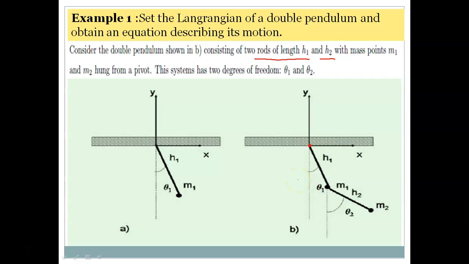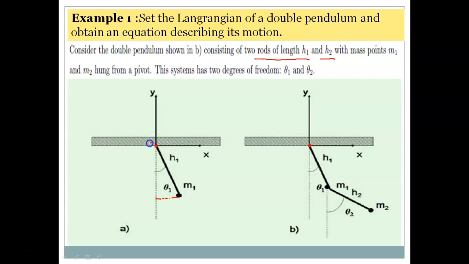So let us describe the configuration of the first pendulum here, that is configured by this length h1 and this angle theta. In this case, this is the x-axis, and we are going downward.